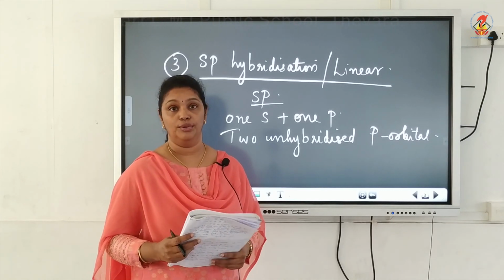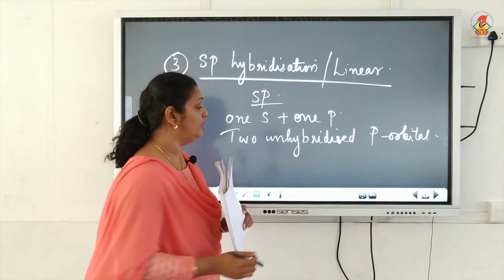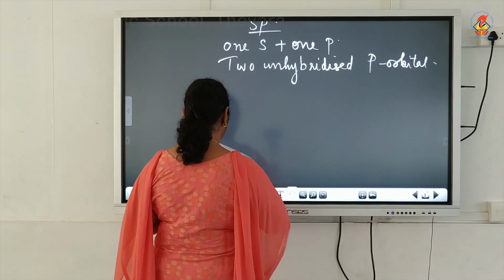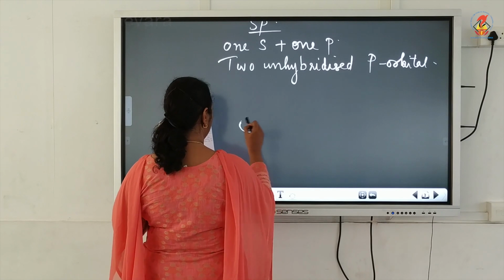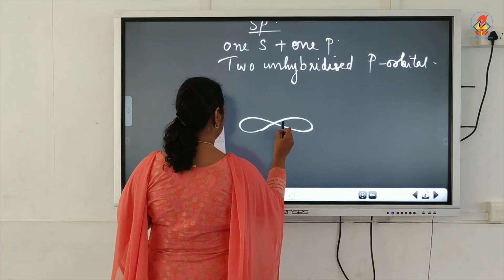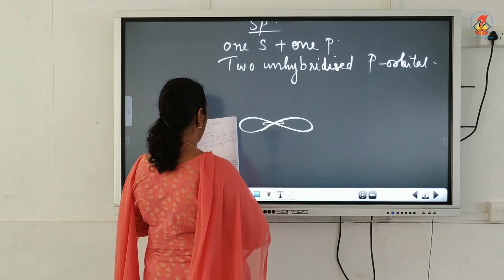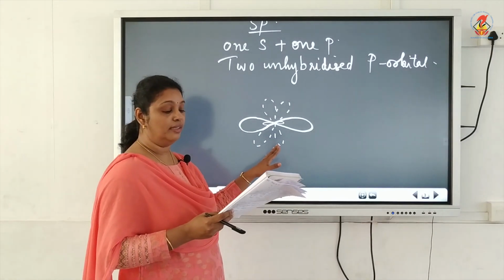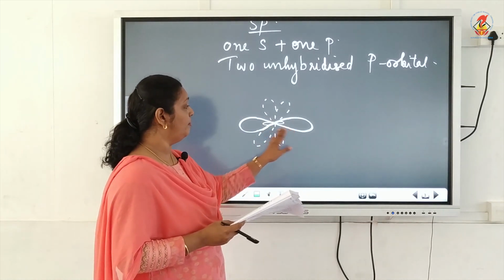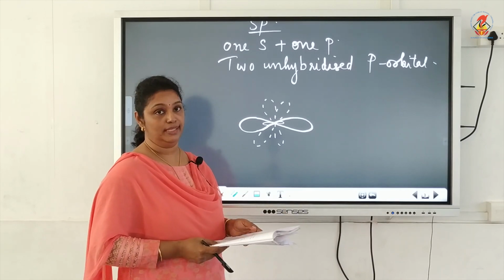So I am going to draw the shape of sp hybrid orbital. It is linear shape. So how will we show? Like this. Okay. And we have two unhybridized p orbitals. And these unhybridized p orbitals lie in different planes at right angles to each other and also to the plane of sp hybrid orbitals.